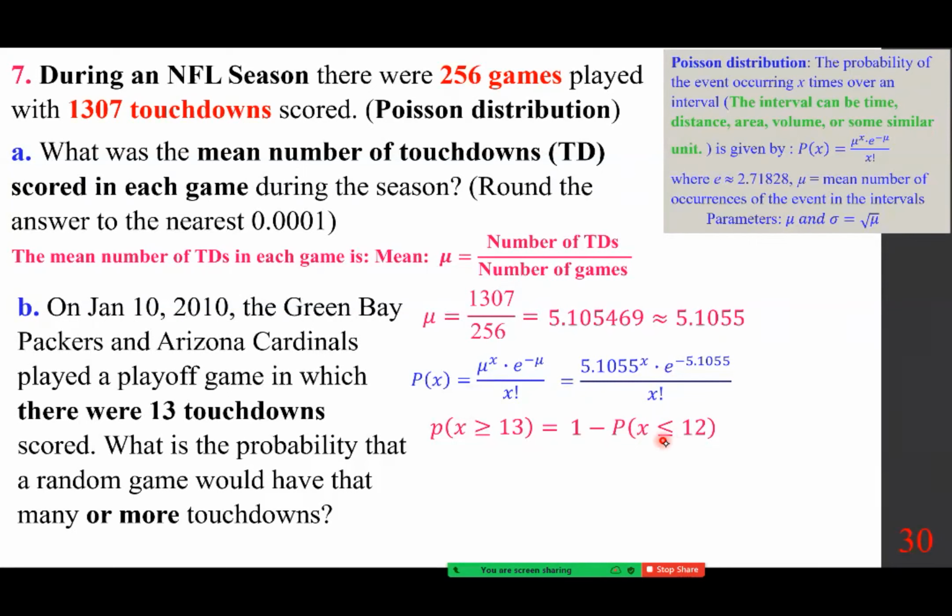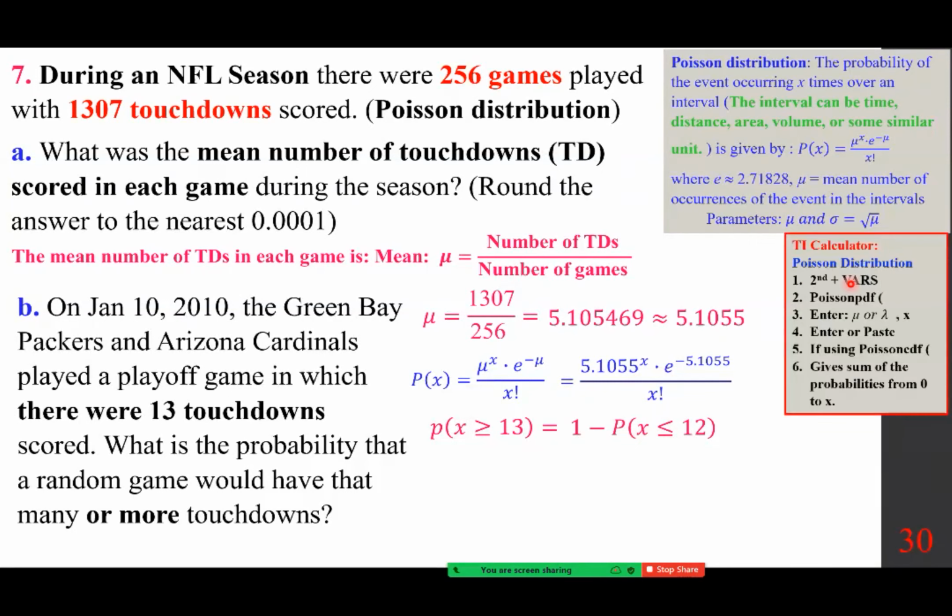But we can use technology, second variables, Poisson PDF. You put mu, sometimes they call it lambda. This is mu, this is lambda, depending on the text. X, enter or paste. If using Poisson CDF, it gives you the sum of the probabilities from 0 to x, just like a binomial distribution.